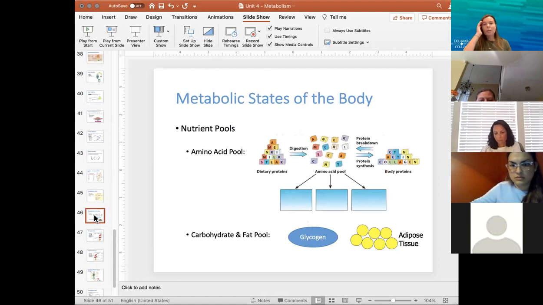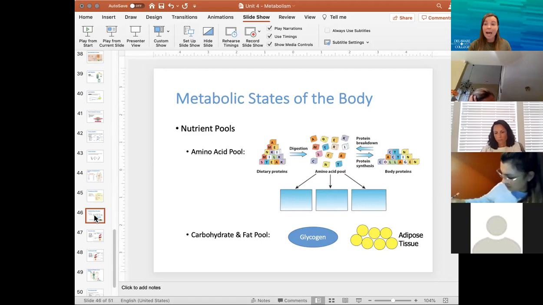In order to meet the energy needs of your cells, because remember, cells constantly need energy to perform whatever function they perform and just to stay alive, there are different nutrient pools in the body.